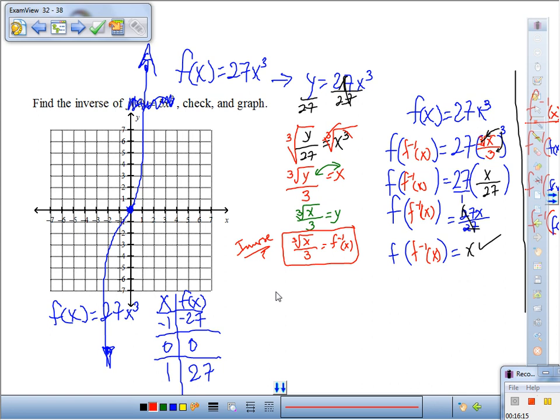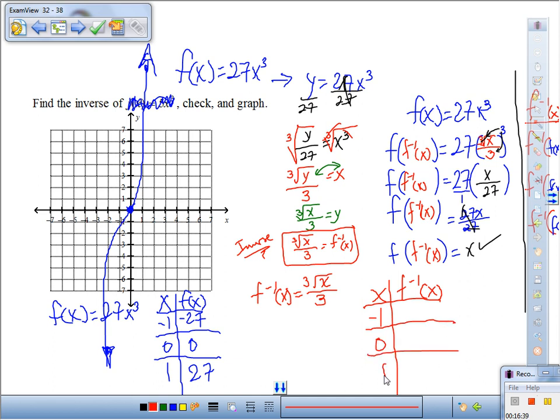Now I'm going to do the inverse. F inverse of x equals cube root of x over 3. And again, I'm going to use x, f inverse of x. And what values am I going to use again? Negative 1, 0, and 1. All right, so I'm going to substitute negative 1 in here. Wait a minute. Can we get a negative? Yeah.